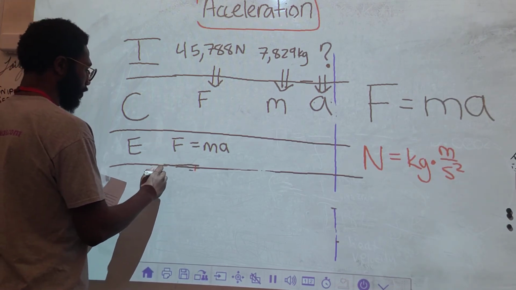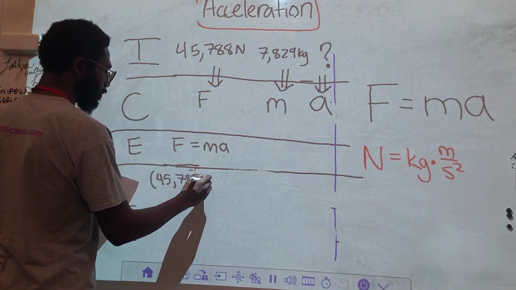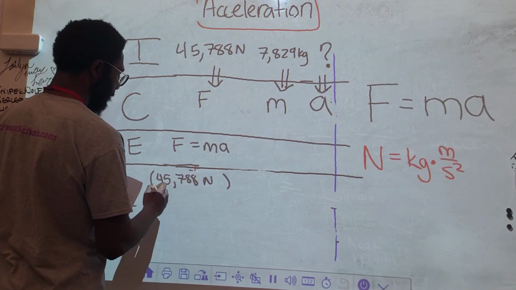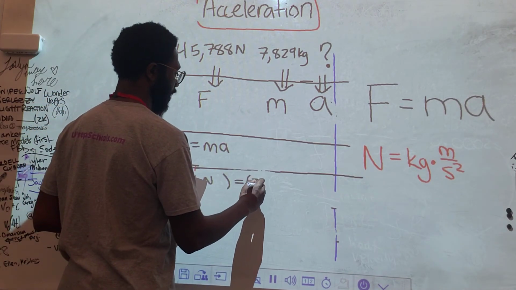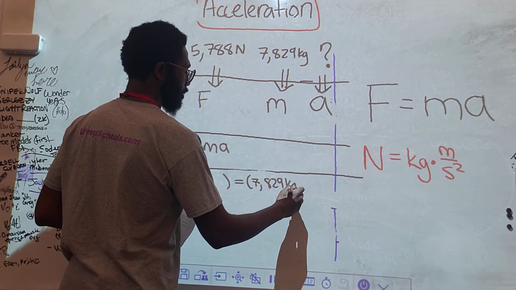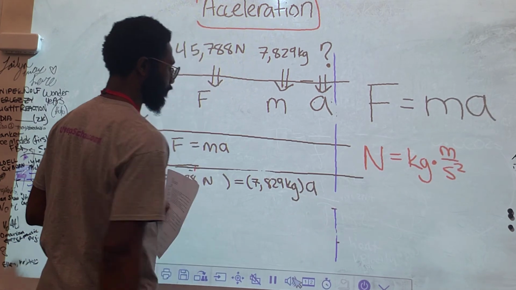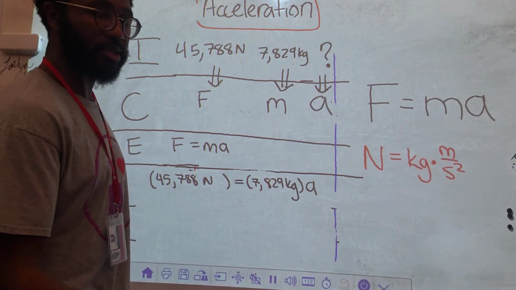So we have a force, so that's 45,788 newtons. And that's gonna equal mass, which is 7,829 kilograms, times acceleration. Okay, now again, in order to solve this problem, we need to get acceleration by itself.